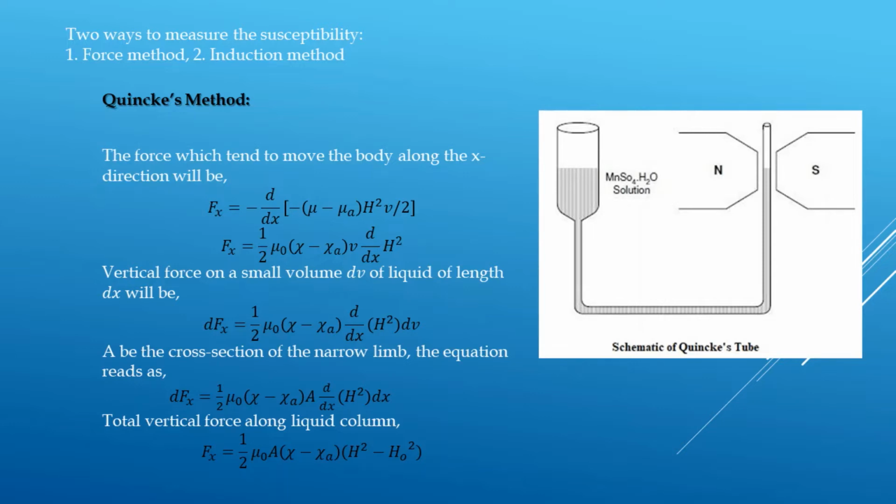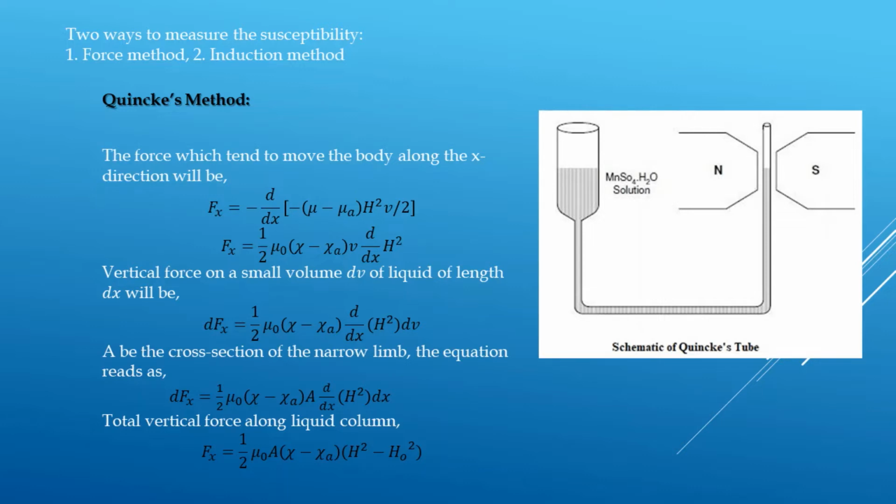So suppose the material of permeability mu is placed in a magnetic field through this tube. Quincke's tube is a specially designed tube. You can see in this picture that one arm is a capillary, right?